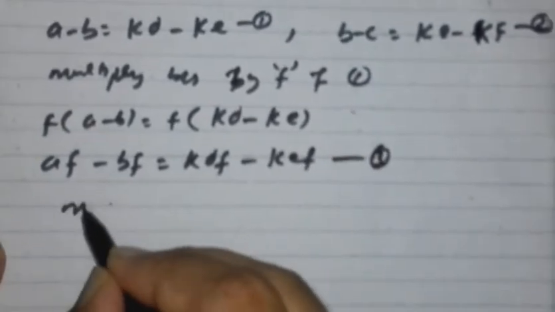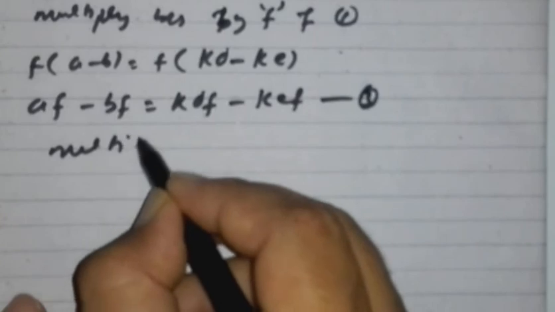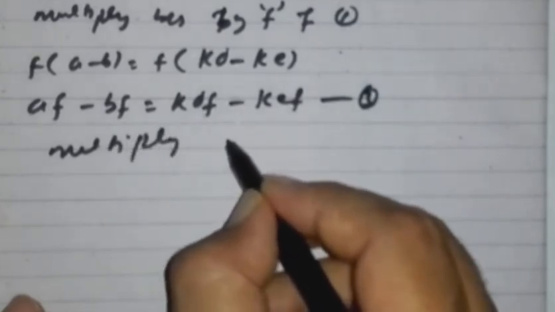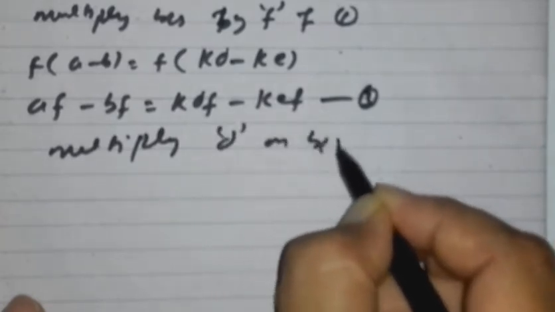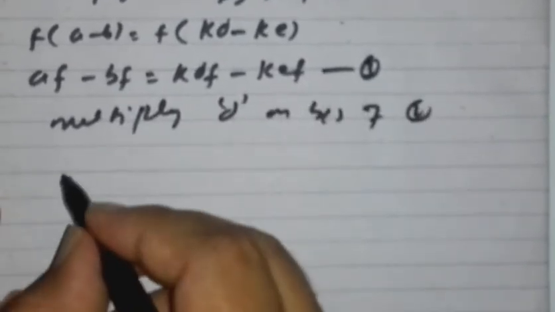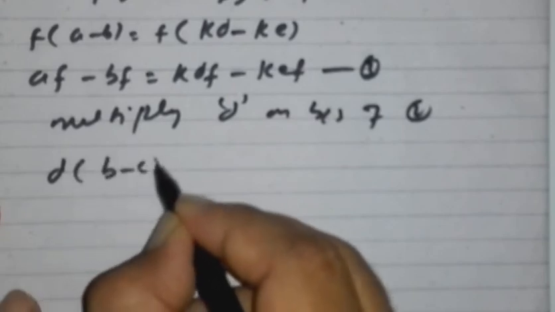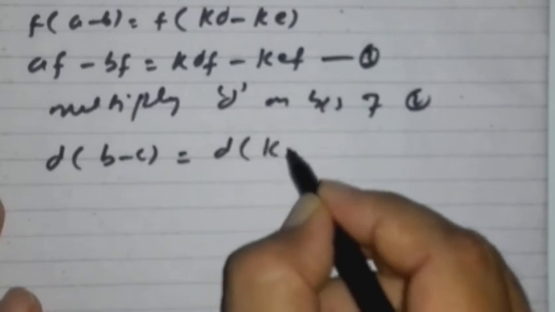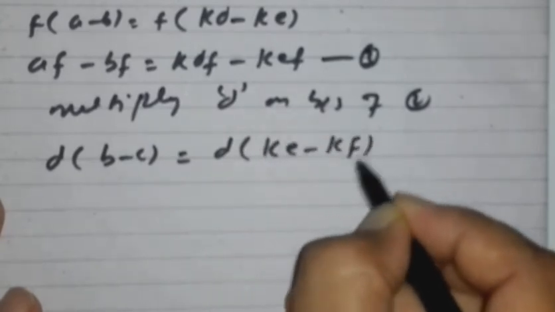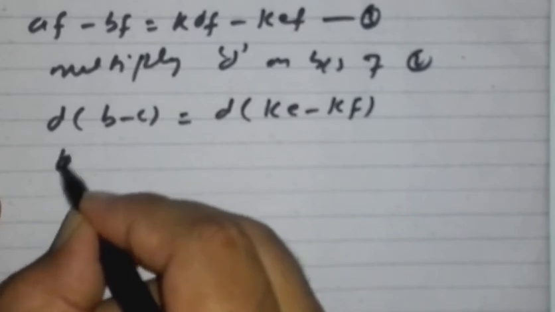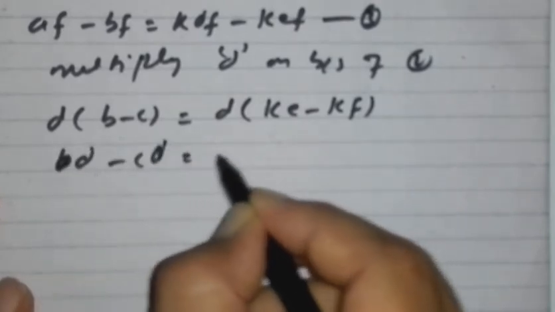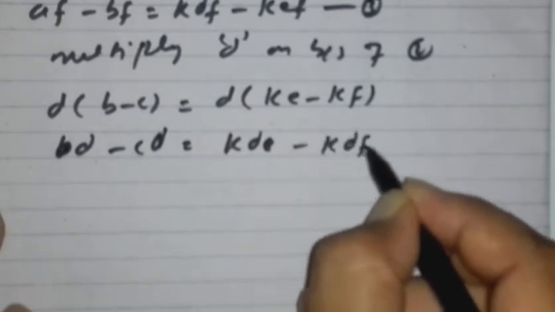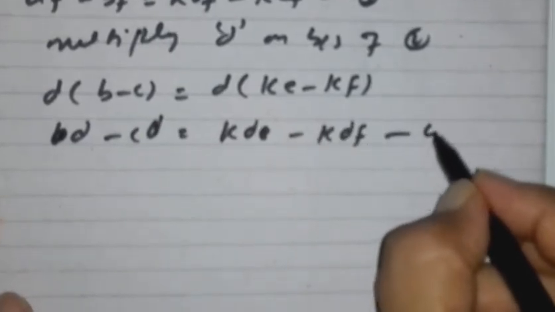Multiplying d on both sides of equation 2. D into b minus c equals to d into ke minus kf. So we get bd minus cd equals to kde minus kdf. Say this is equation 4.